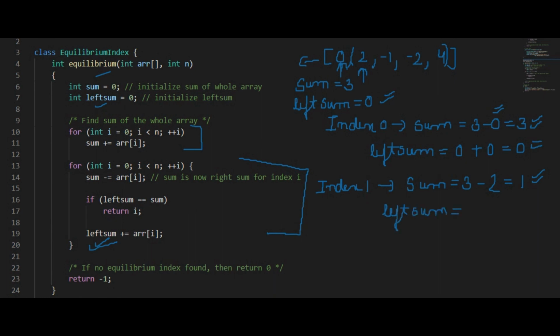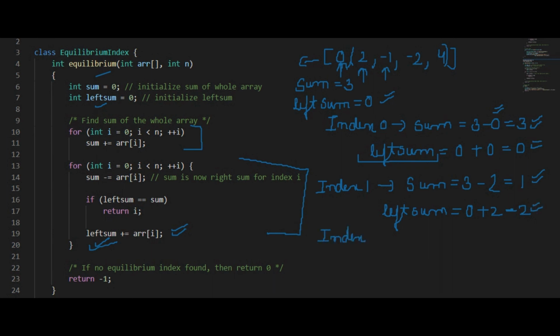That means for index 2, our left sum will be 0, which is the previously calculated left sum, plus 2, which is 2 only. So initially we had left sum equal to 0, which was for index 0. Then we calculated left sum for index 1 in the same iteration, because we just have to add the current element to the left sum for the left sum of the next index. Now our left sum is 2 for the next index.